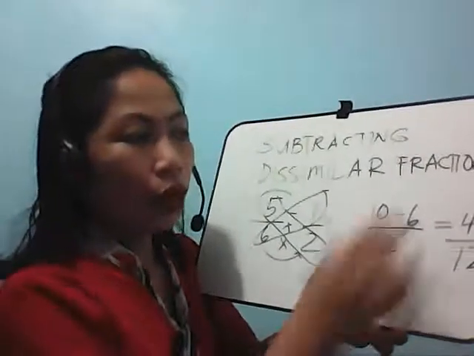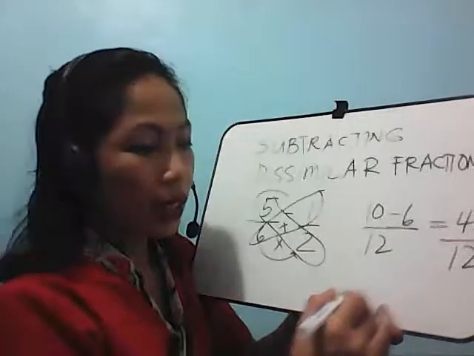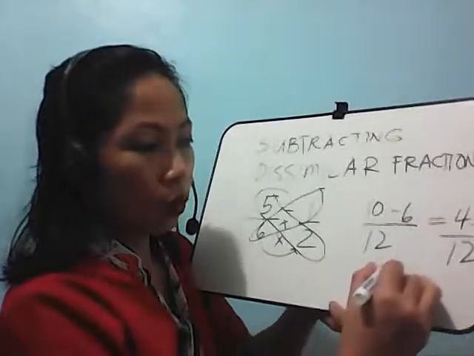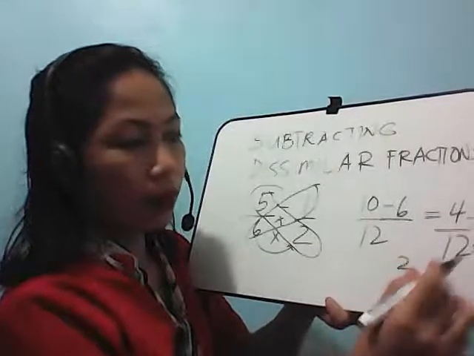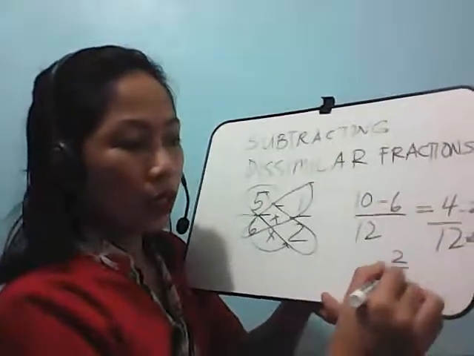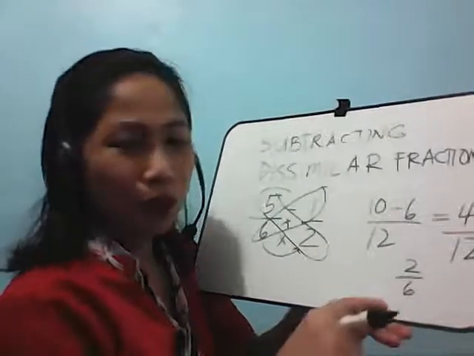So 4 divided by 2 is 2. Now, 12 divided by 2 is 6. Still, we can reduce to the lowest term.